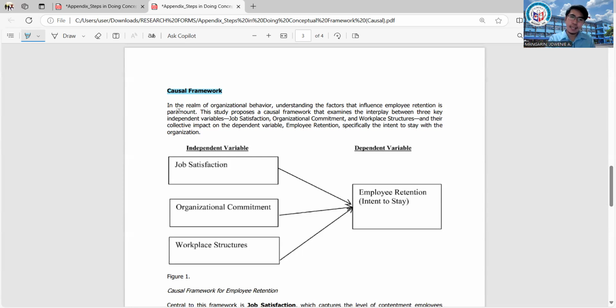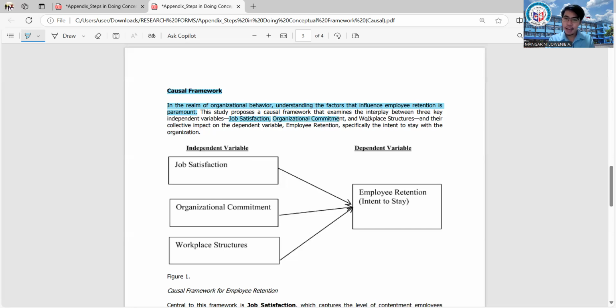Nakalagay dito: In the realm of organizational behavior, understanding the factors that influence employee retention is paramount. So they have here a brief introductory statement. After that, this study proposes a causal framework that examines the interplay between 3 key independent variables. Ano daw yung 3 independent variables na yon? We have job satisfaction, organizational commitment, and workplace. Na-identify na natin yung mga variables.